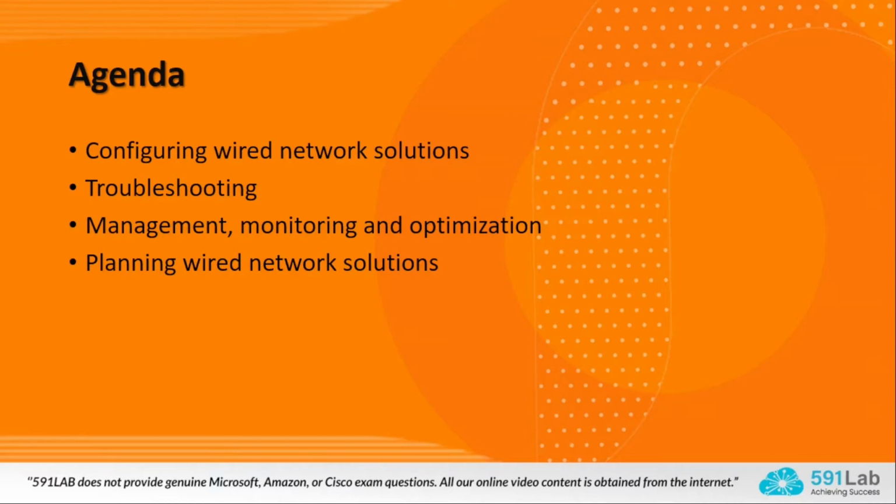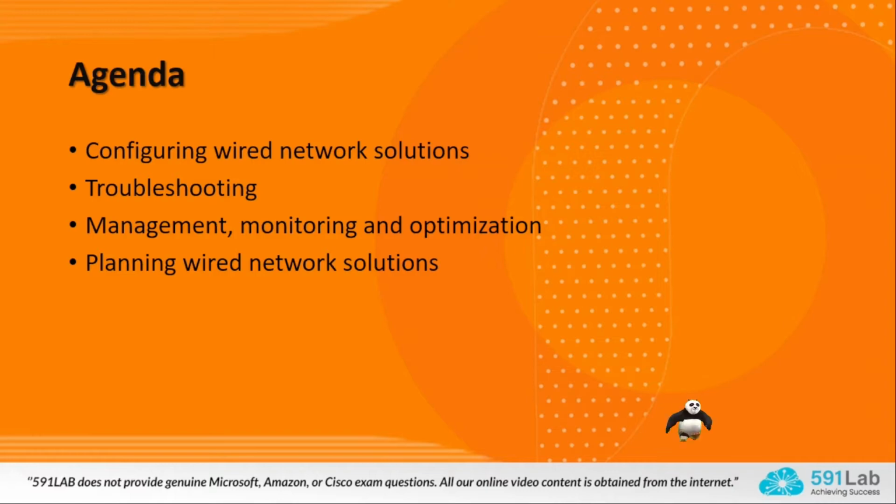Then troubleshooting includes how to identify a network failure, how to determine implications on network state due to the remediation actions taken, and how to determine the cause of performance problems. Management monitoring and optimization covers the configuration management and how to analyze data that represents the operational state of a network. Determining an appropriate implementation plan based on design or customer requirement is covered under planning.